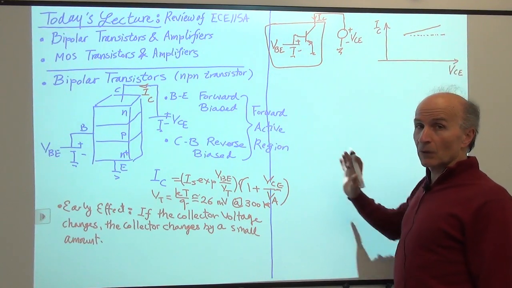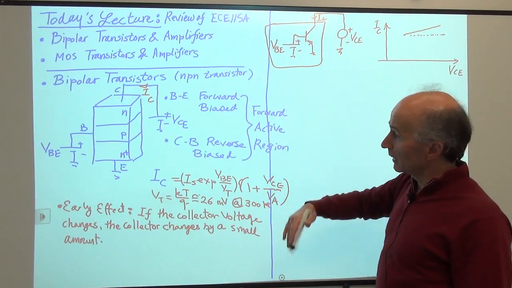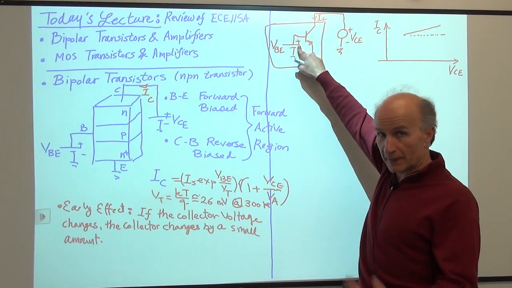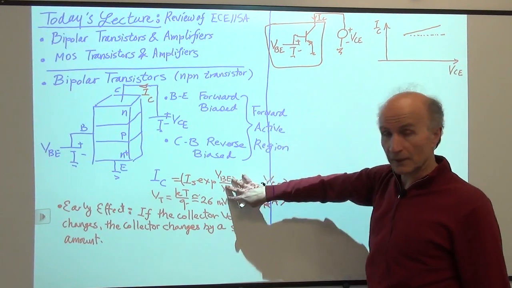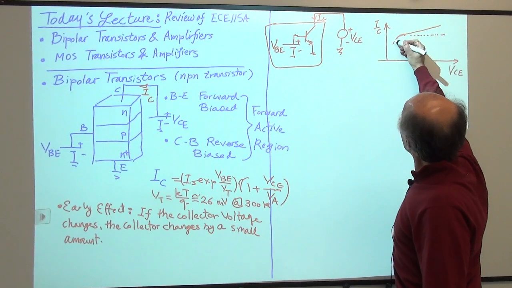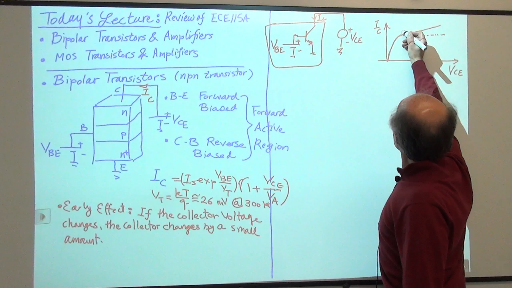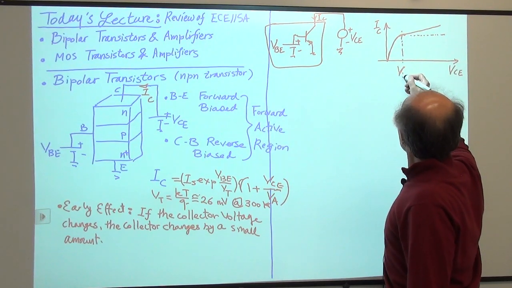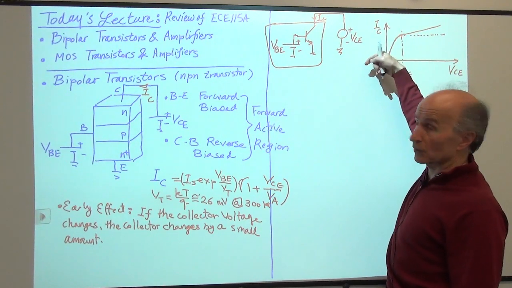All right? And this holds down to some value of VCE once we go into saturation, meaning once the collector voltage is less than the base voltage, we are in saturation, the device no longer behaves exactly according to this equation. And at some point, the collector current begins to fall. So when the collector emitter voltage is equal to the base emitter voltage, we say we are beginning to enter saturation.